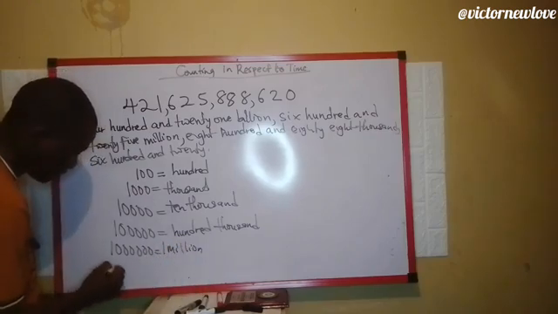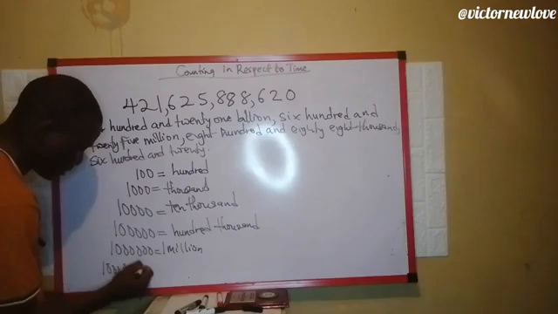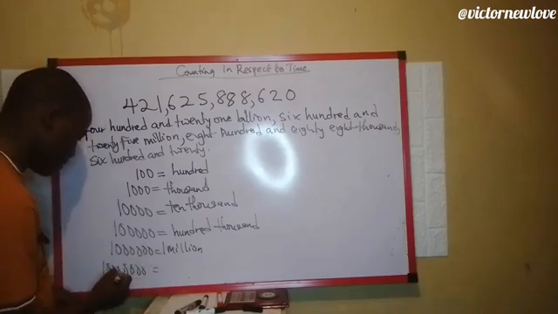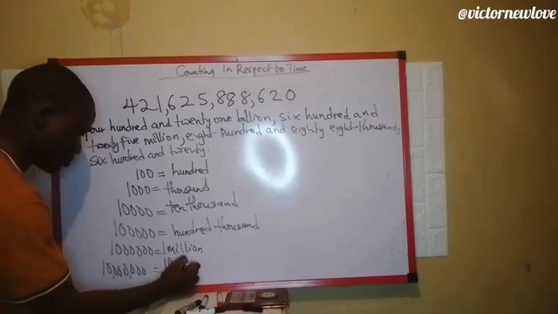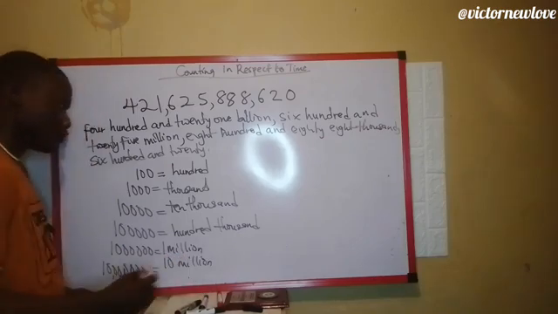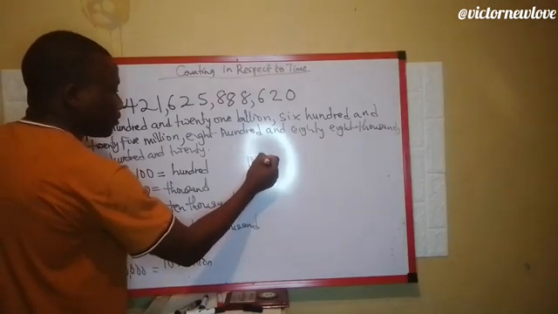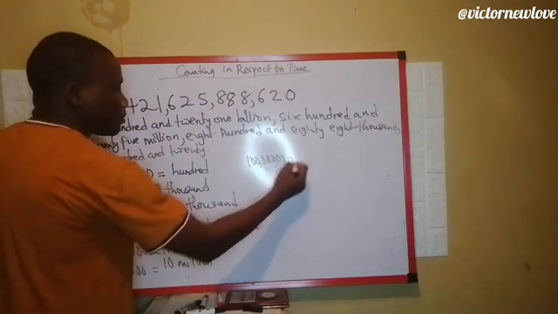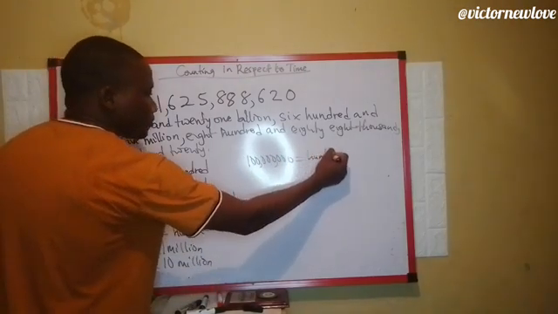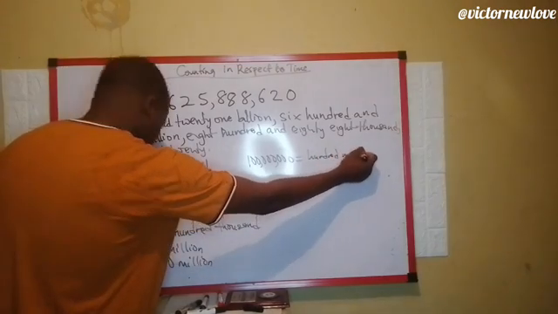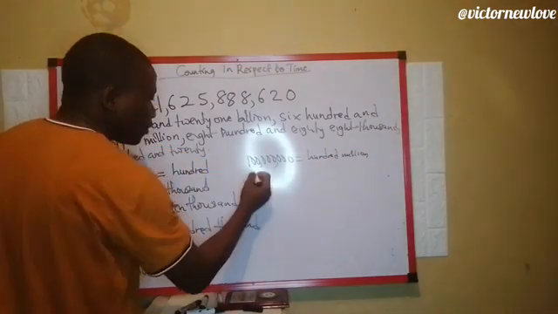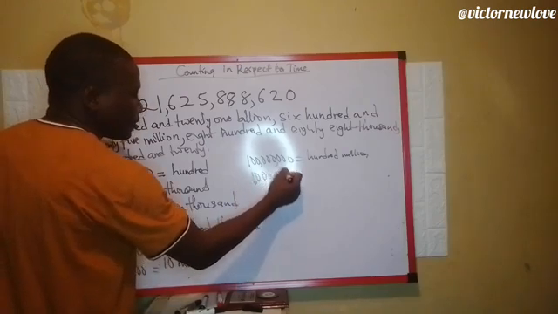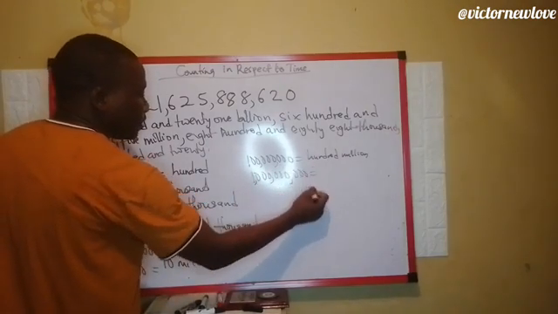Add another zero, it becomes 10 million. Another zero, it becomes 100 million. If you make it 9 zeros, it becomes a billion.